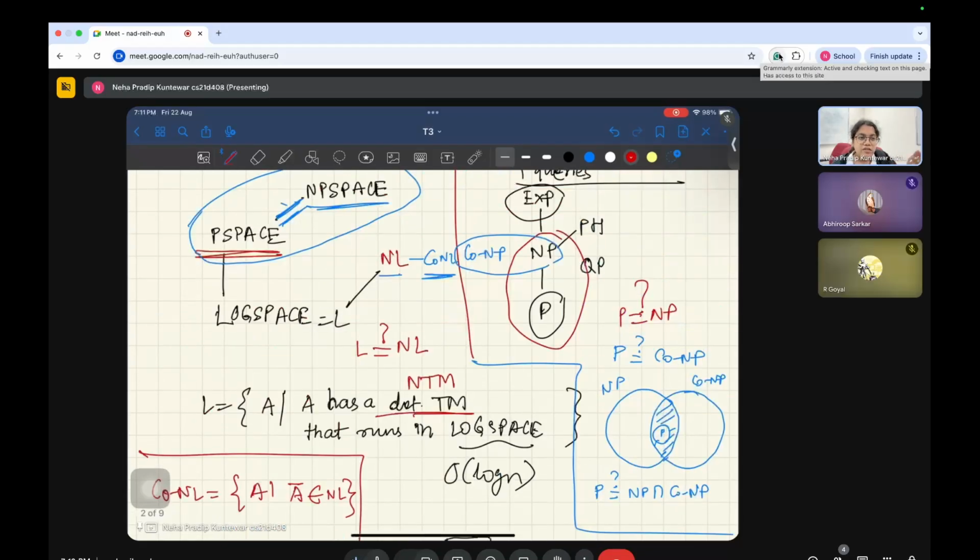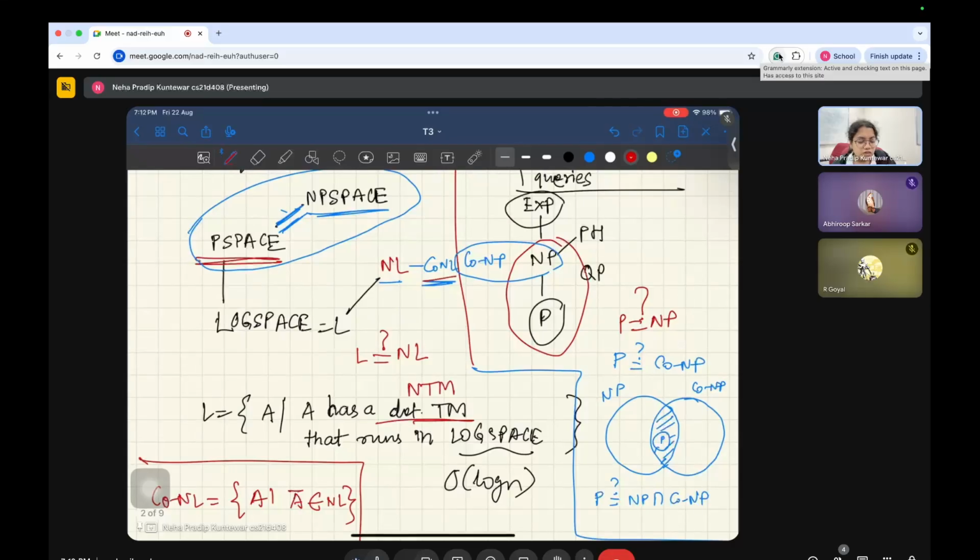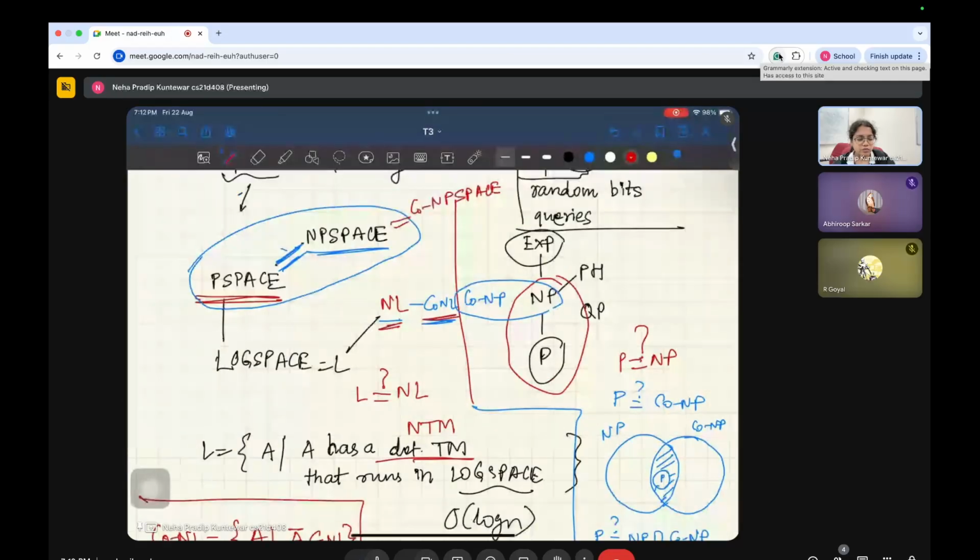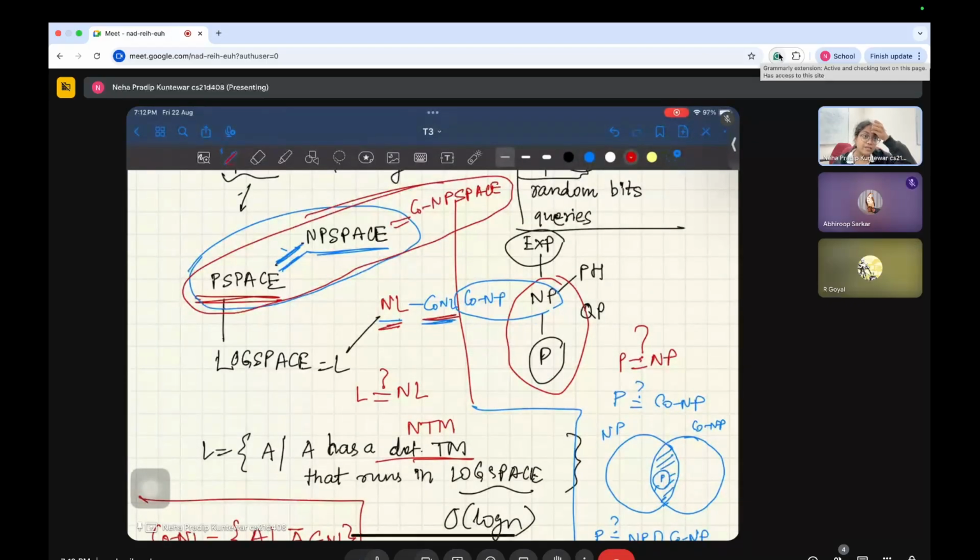And you can ask the same question whether these two are equal. Of course you can do the same thing here, co-NPSPACE, but here you already know: how do these three classes relate? All three are equal, because we know that PSPACE is equal to NPSPACE, so taking a complement of that would also be like swapping the accept and reject states.